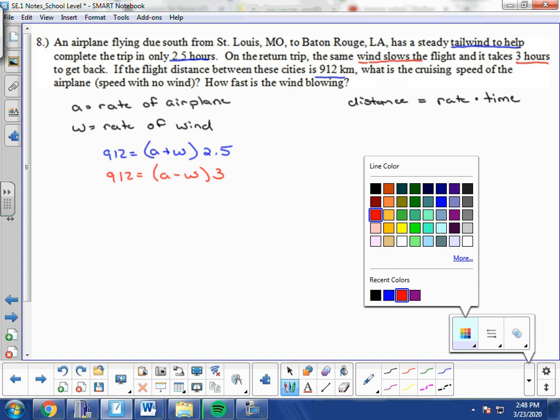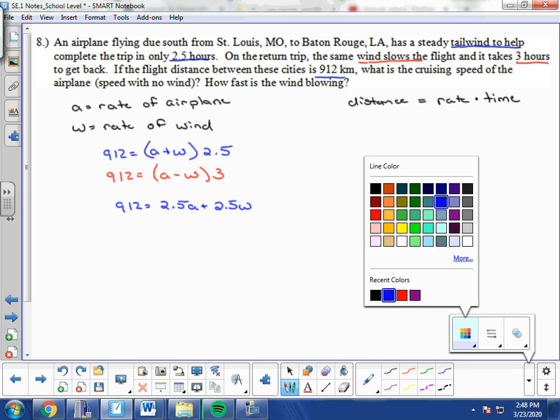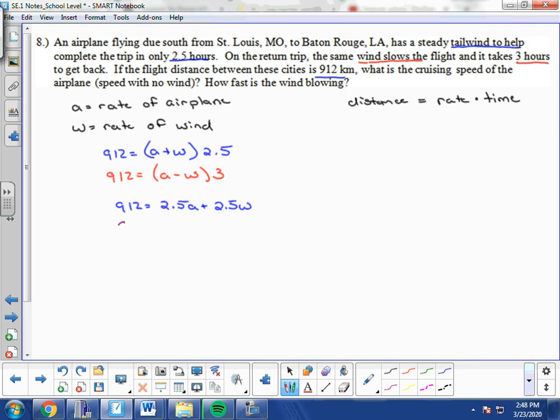Now, let's go ahead and distribute here to rewrite these a little bit. So if I distribute, 912 equals 2.5A plus 2.5W, and 912 equals 3A plus 3W.